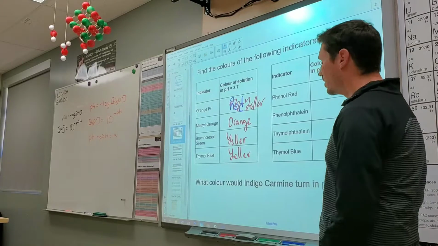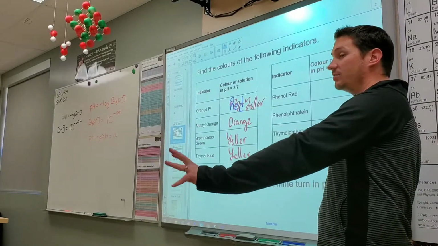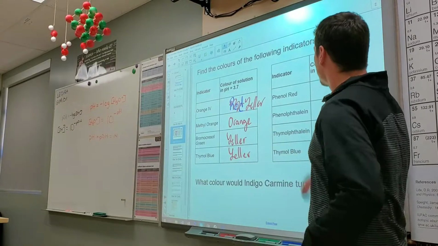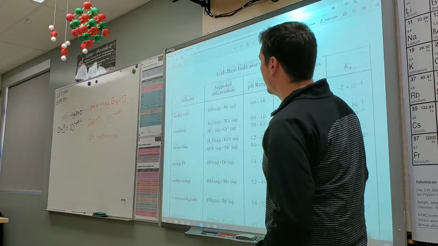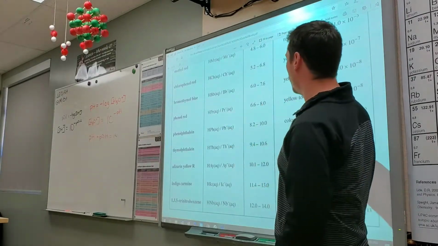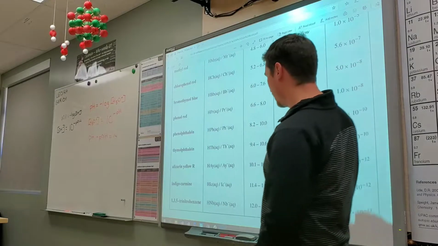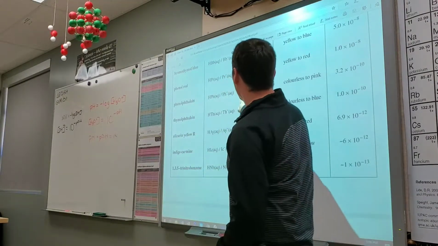Okay, so that should have been enough time to try these out. So we're looking for 9.1 and phenol red. Where is phenol red? Perfect. So 9.1 will be red. Good. Then we look at 9.1 for phenolphthalein. Where's 9.1?